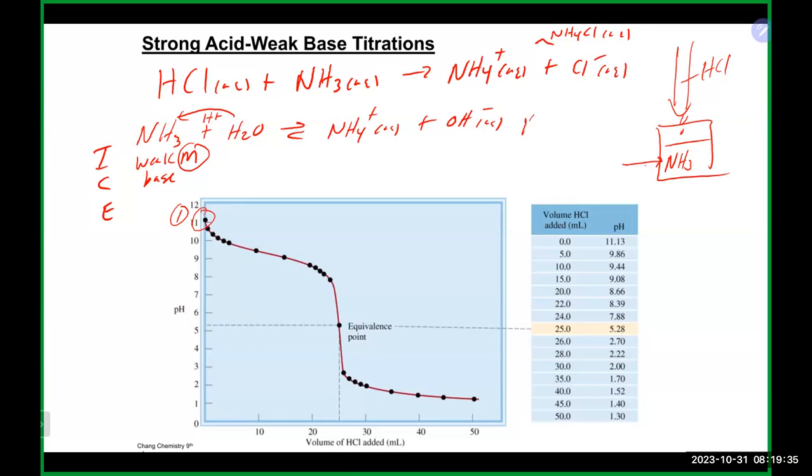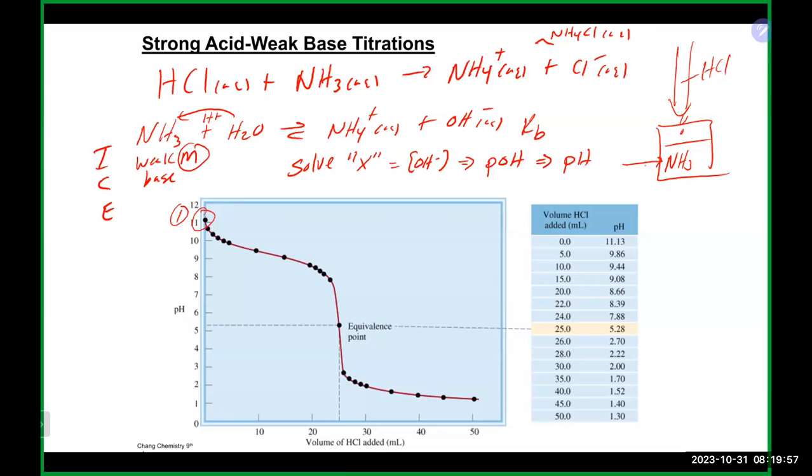We would obviously use a Kb for NH3 in this case. And again, here we would solve for x, either making an assumption or using the quadratic. When we do solve for x, that will equal the hydroxide concentration as we talked about. And that means that we will be able to get to the pOH and then to the pH.